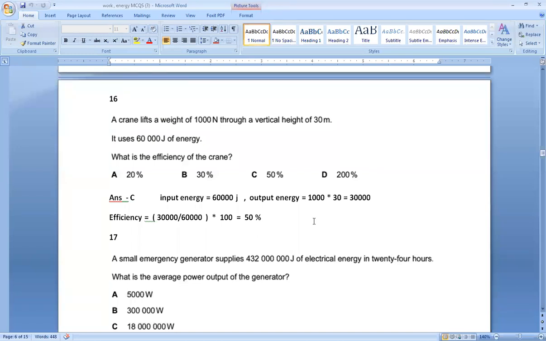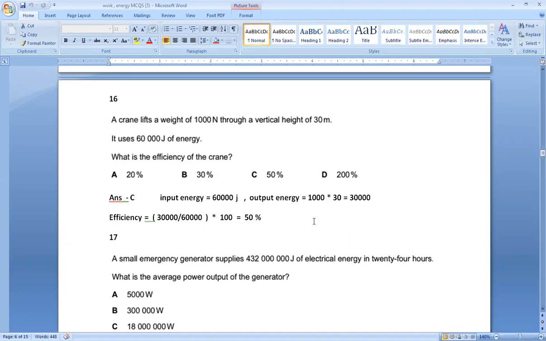Output energy will be calculated as the work done in lifting the weight, which is equal to mgh. When we are lifting something vertically upward, we take work done equal to mgh. So 1000 into 30 gives 30,000. So output energy is 30,000, input energy is 60,000. So efficiency will be output divided by input. That will be 50%.